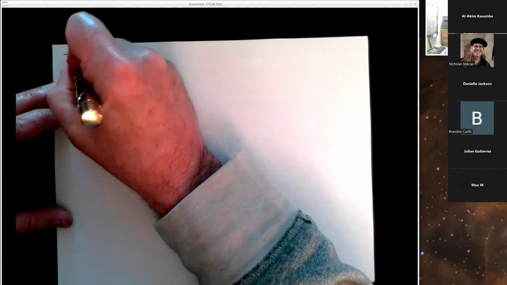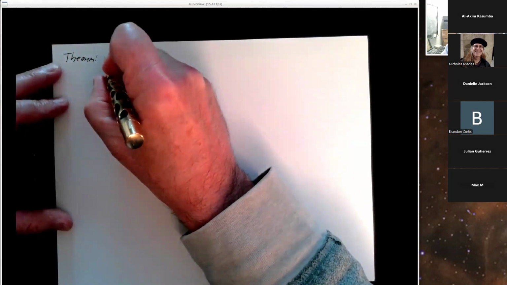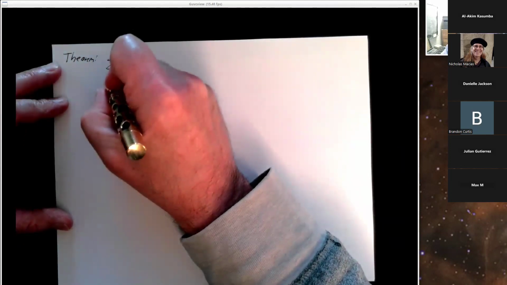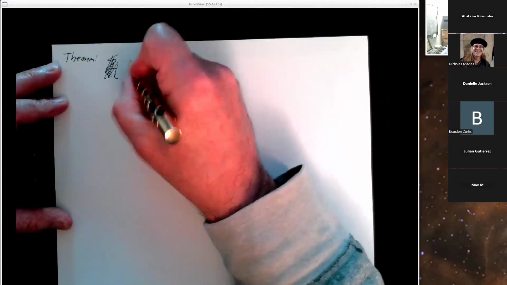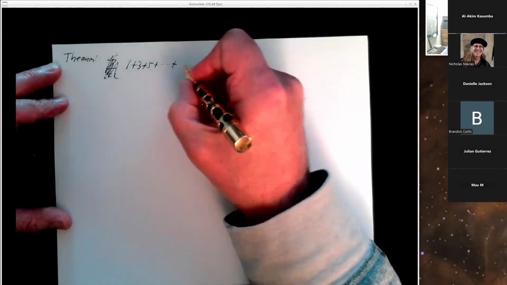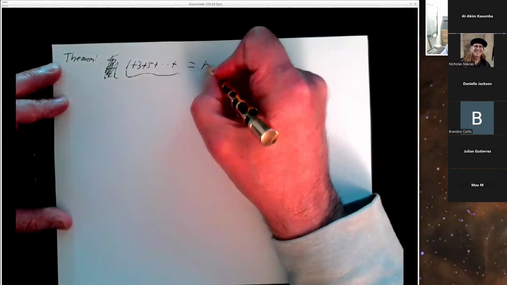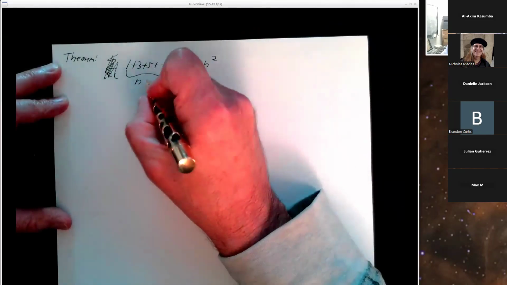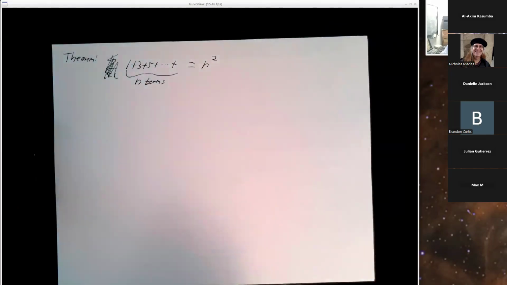So here's a theorem. Basically, the sum of the first n odd numbers gives you n squared.